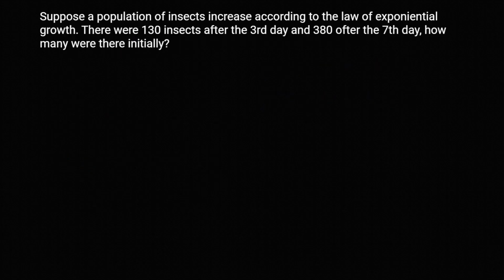Here's one where we have to solve for that C value. Suppose there is a population and it's exponential growth. So we know that it's going to follow the form of the population is going to be equal to some constant times e to another constant times the time. We know this because it's exponential growth.